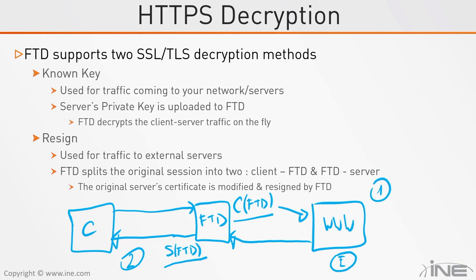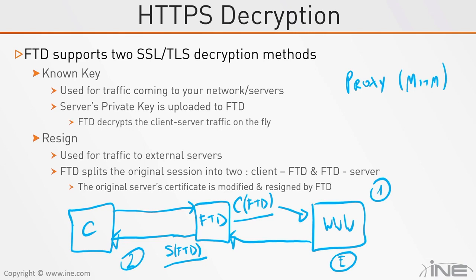The reason for that is that FTD will try to act as a proxy. It is more like a man-in-the-middle type of scenario, where the goal for the system is to build two TLS tunnels, each of them built using its own keys associated with the FTD's certificate.